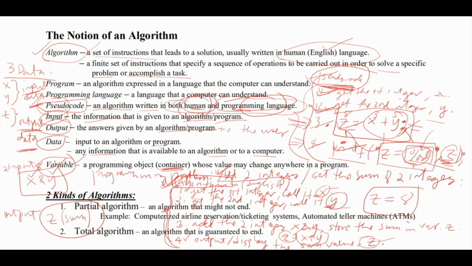So the equivalent to this algorithm and pseudocode that is written in a programming language is called a program. Since we have three data in this problem, we also will have three variables in the program: the first integer, the second integer, and the sum of the two integers x and y. So a variable is simply a container of a value.